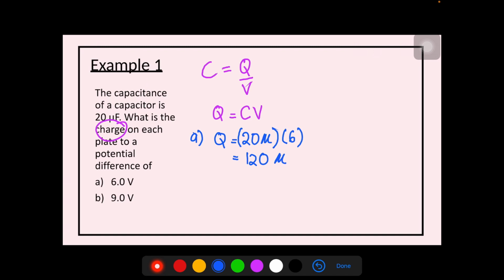The unit for charge is coulomb. Okay, how about B? Question B. Q equals, the capacitance is still the same, 20 micro times 9. So 20 times 9, 180 micro coulomb.